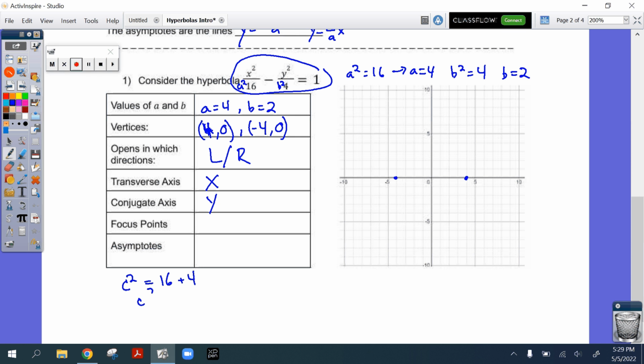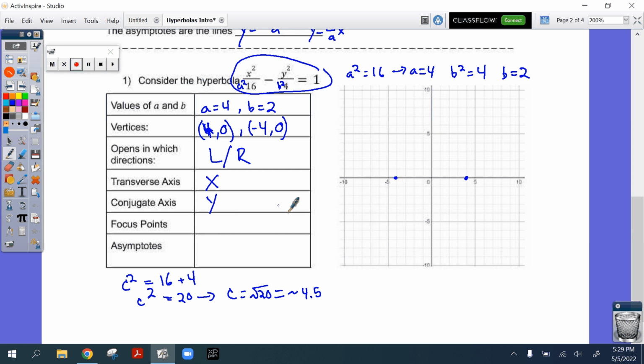So c squared is equal to 20, meaning c is equal to the square root of 20, which for all intents and purposes right now for graphing is about 4.5. I don't know off the top of my head exactly how many decimal places. I know it's between 4 and 5. I'm just saying 4.5.